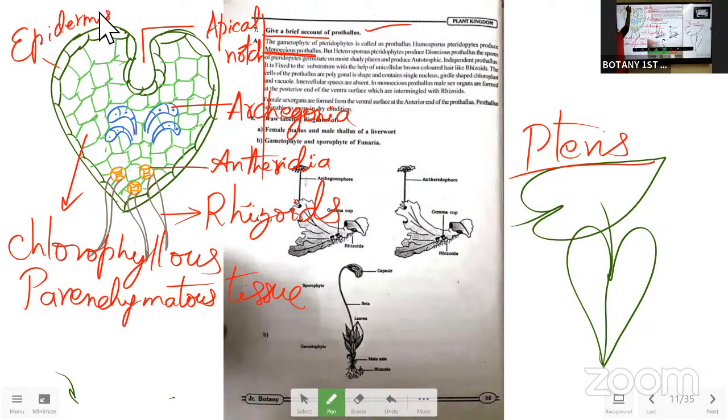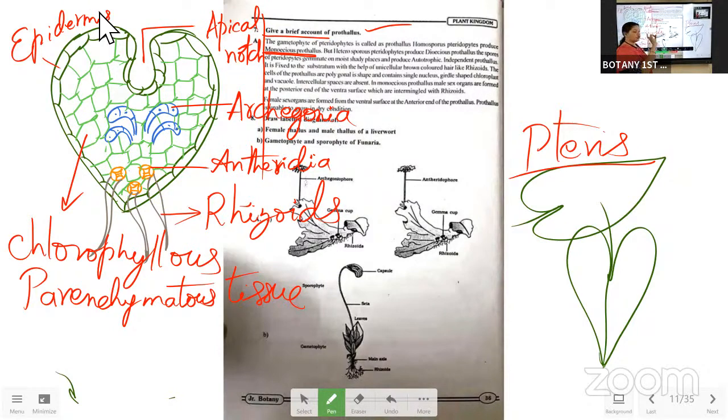This epidermis has a small opening at the apical side, at one portion, that is called the apical notch. Below the apical notch, on the ventral surface of the prothallus, finger-like outgrowths can be seen.